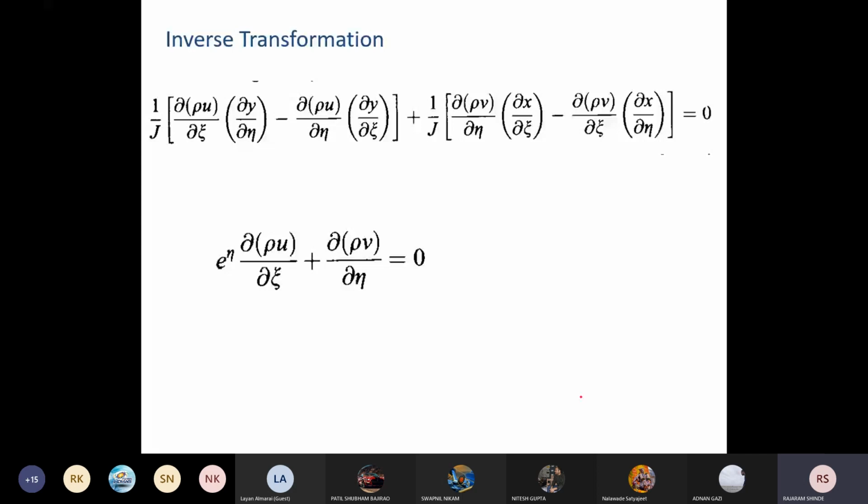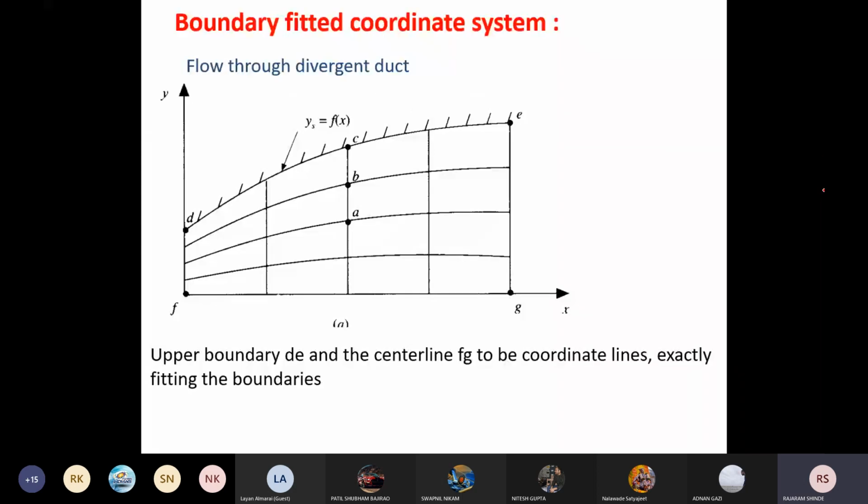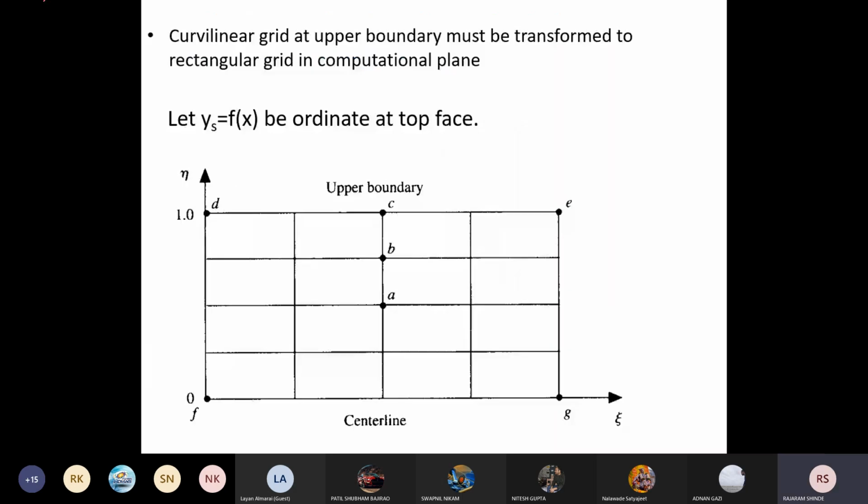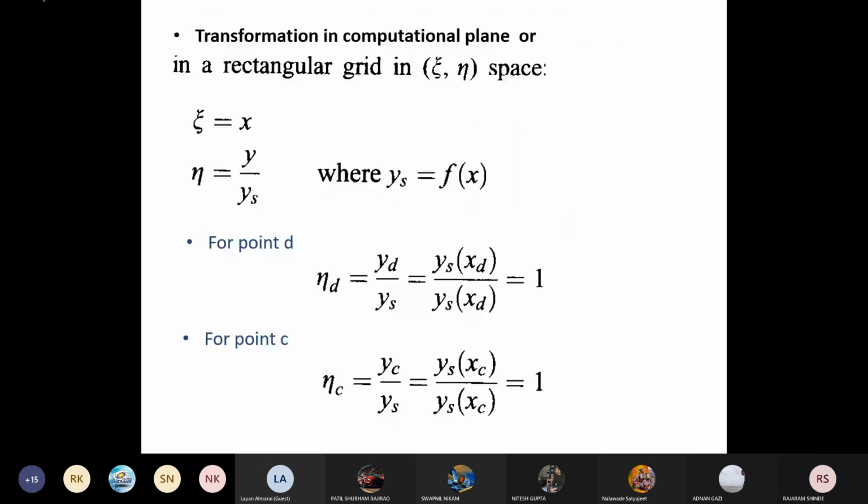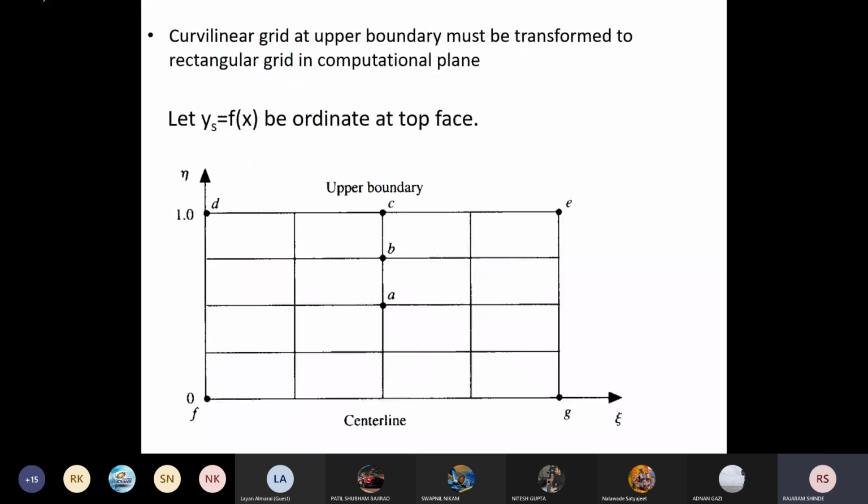Here, in the boundary fitted coordinate system, we have seen the algebraic transformation. Here I am not going for any transformation. We will discuss only the process. That means we will not go for any derivation of the governing differential equation.